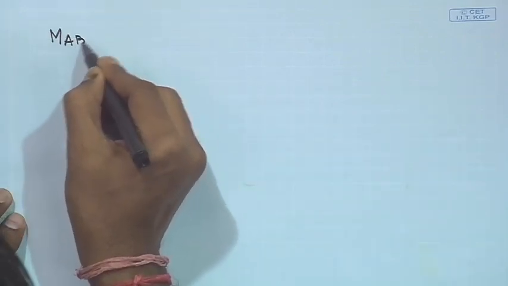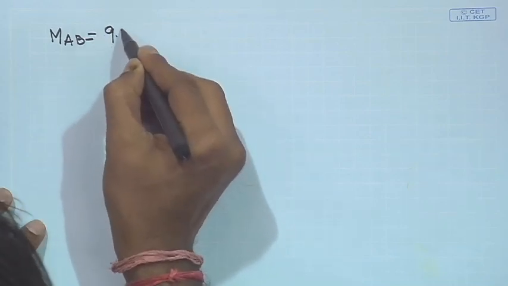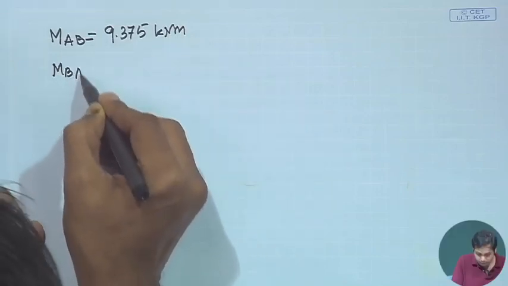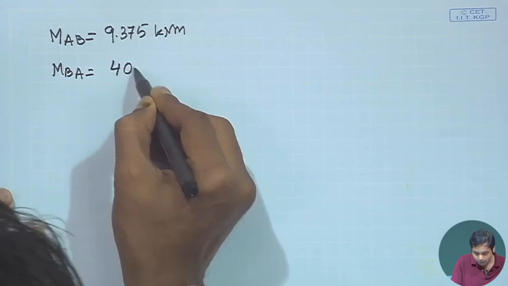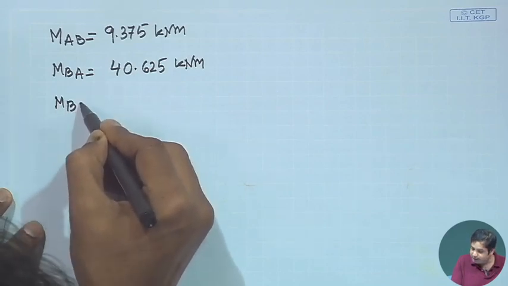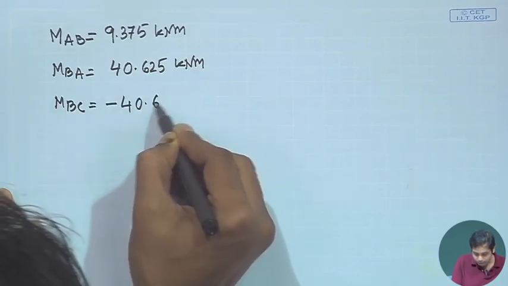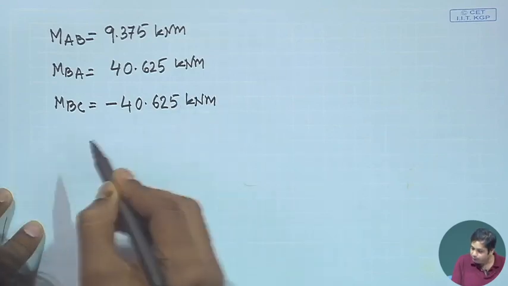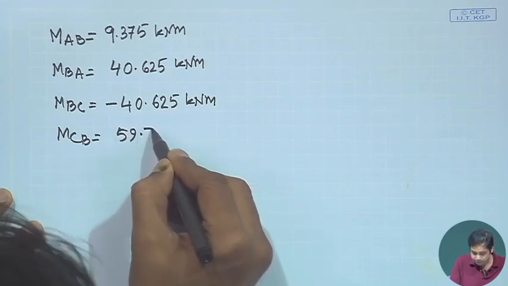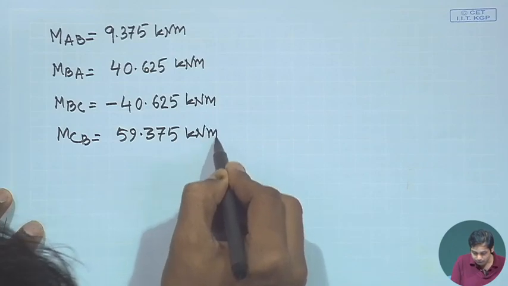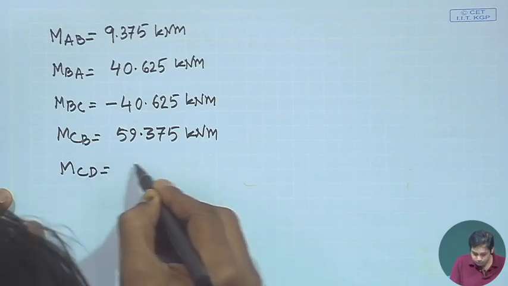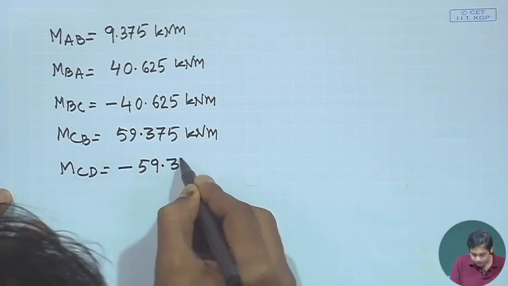MAB is equal to 9.375 kilonewton meter, MBA is equal to 40.625 kilonewton meter, MBC is equal to minus 40.625 kilonewton meter, MCB is equal to 59.375 kilonewton meter, and then MCD is equal to minus 59.375.